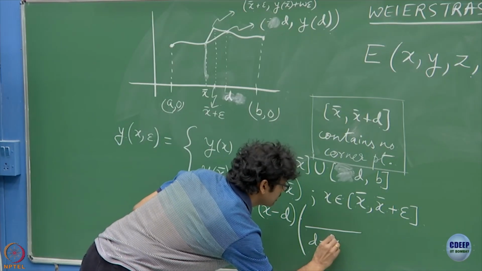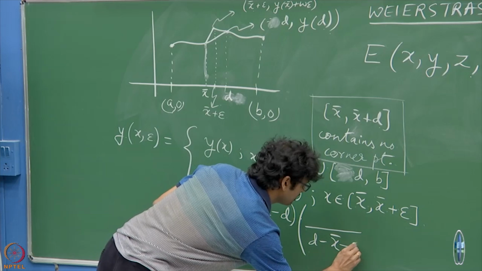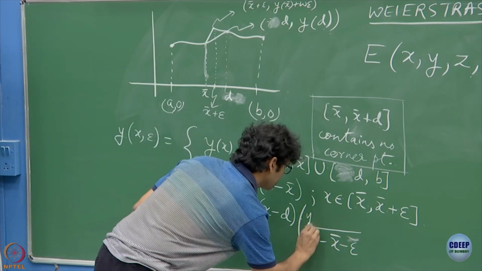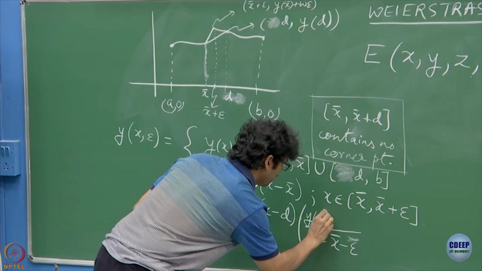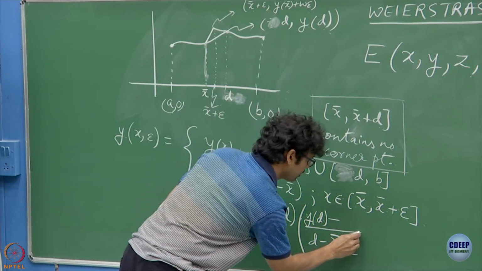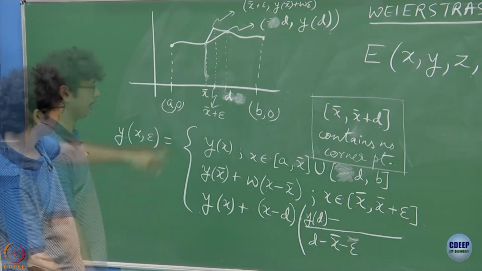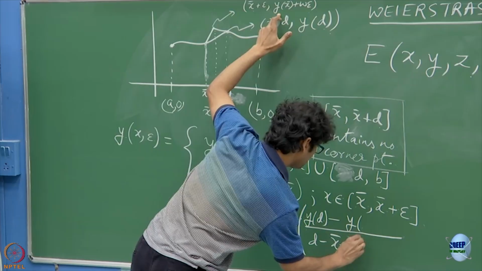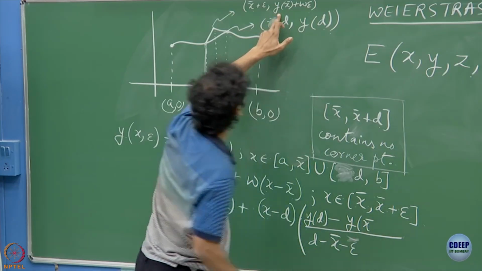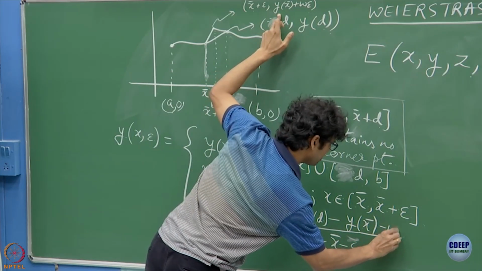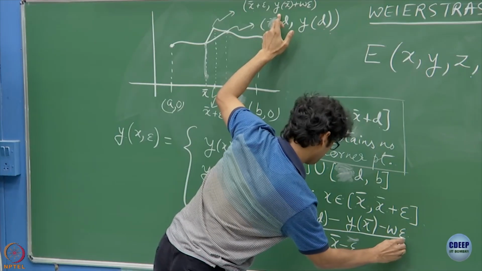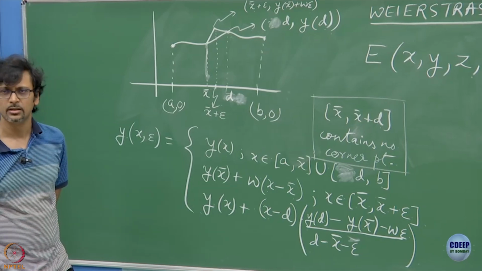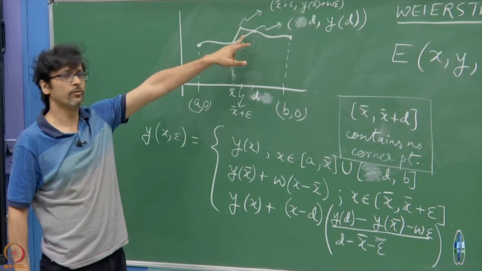On the bottom you have d minus x bar minus epsilon, and on top you have y of d minus, what is the value here? y of x bar minus w epsilon. Agreed? So this is probably a correct characterization of the thing that we are wishing to build over here.